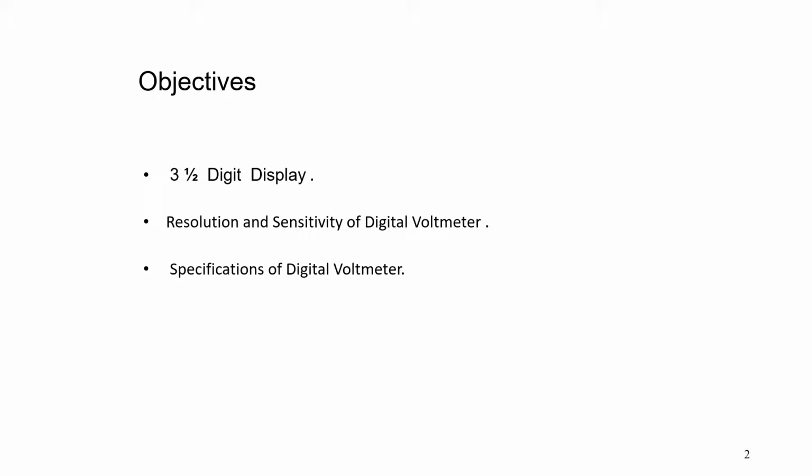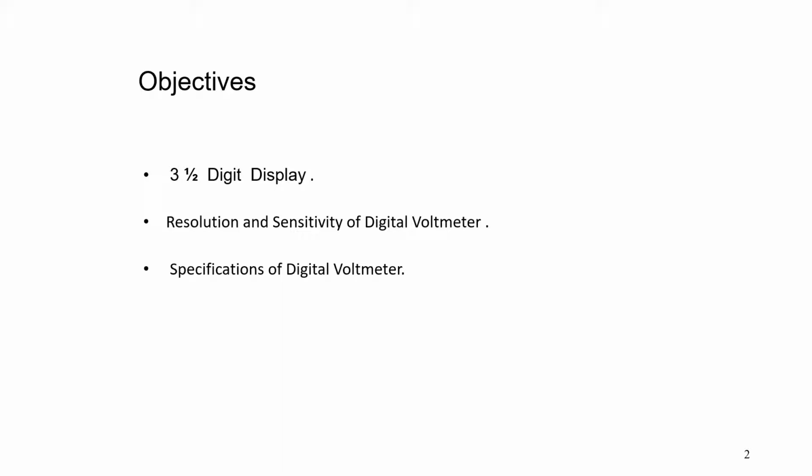With the development of IC chips, the cost, the size, and the power requirement of digital instruments is drastically reduced.